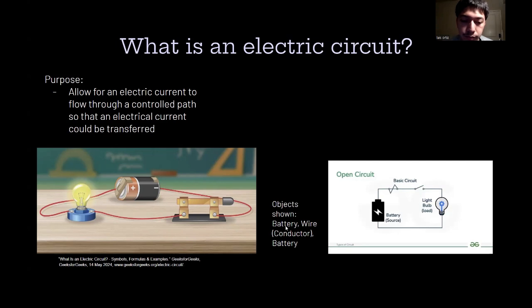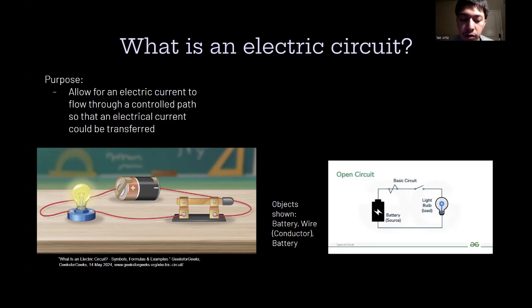This is a mistake. This would be a light bulb. But usually the wires, which are the conductors, are made up of copper because copper is a good metal to transfer electric currents. It's also really durable and cheap.